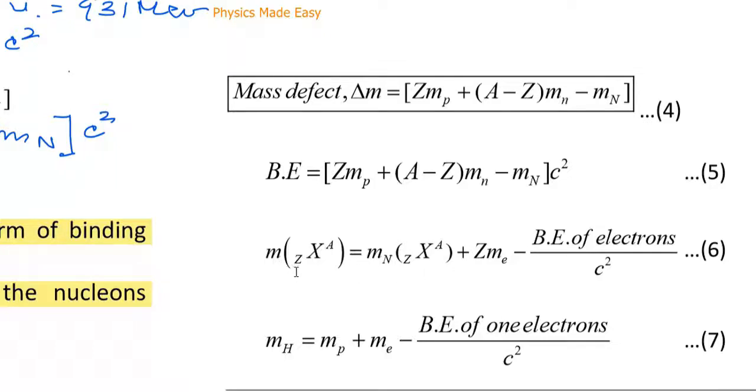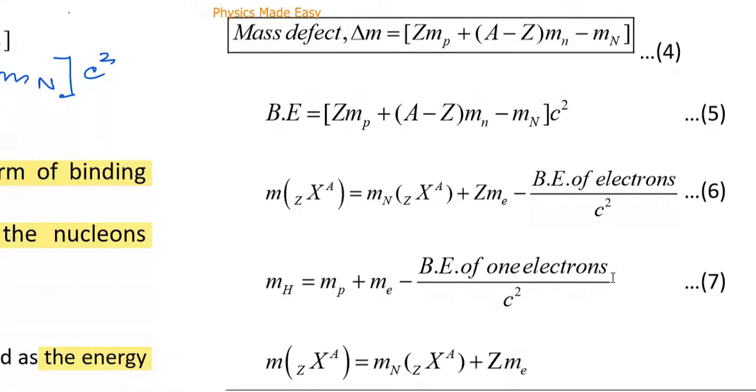So this is the binding energy of an atom. This is M Z X A. So this is the mass of the nuclei, for example, this is the M n Z X A. This stands for the mass of the nuclei plus the mass of Z electrons minus the binding energy of electrons divided by C square.